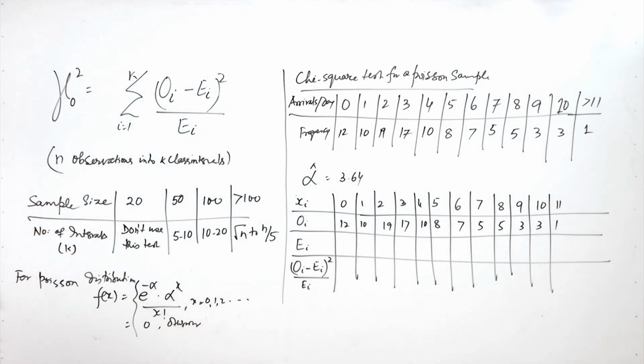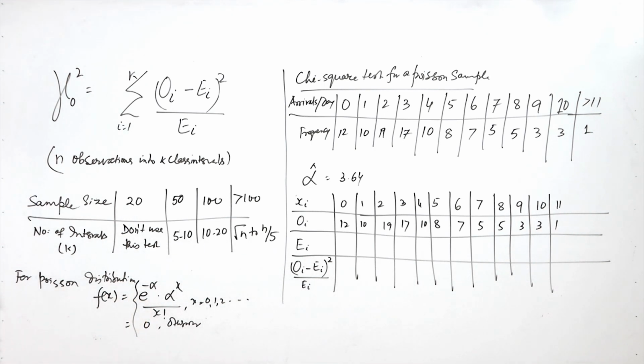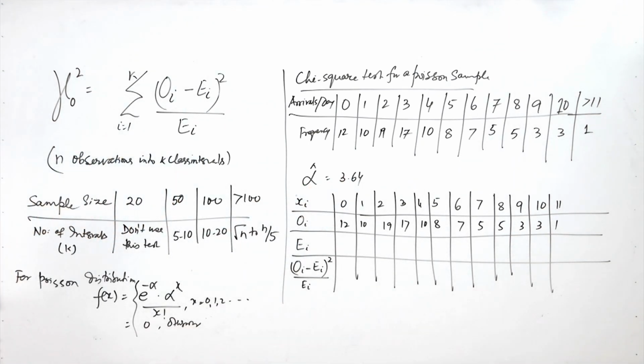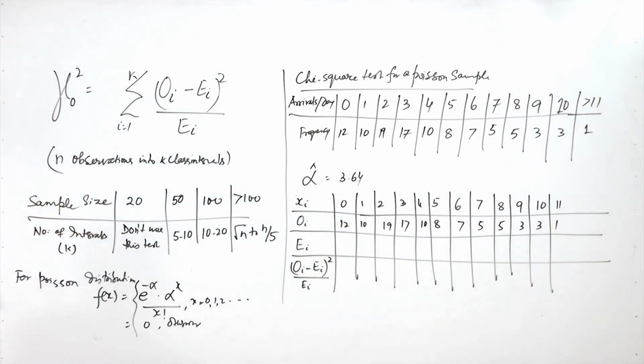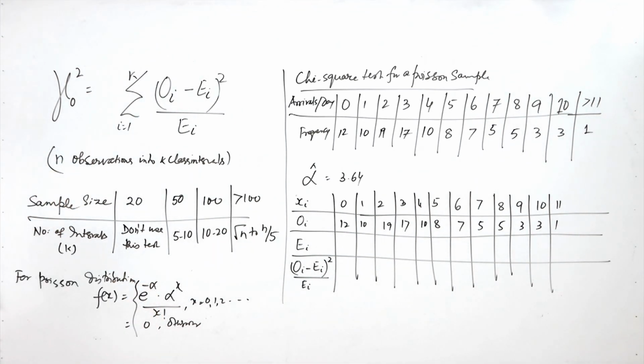We know this alpha estimator is 3.64. So, when the x value is 0, you get e raised to the power minus alpha. This way you are getting the values.